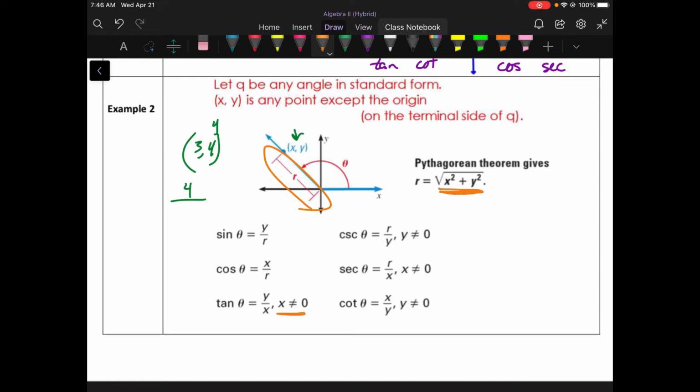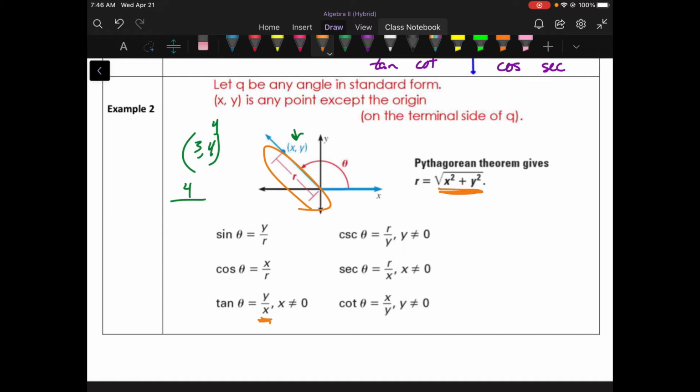And then here are some stipulations. Your radius will never be 0, so if you have a radius in your denominator, you don't have to worry about it. But when you're talking trig functions where you have x or y in your denominator, like for example tangent here, x cannot be 0 because we cannot divide by 0. Then we would have an undefined value.